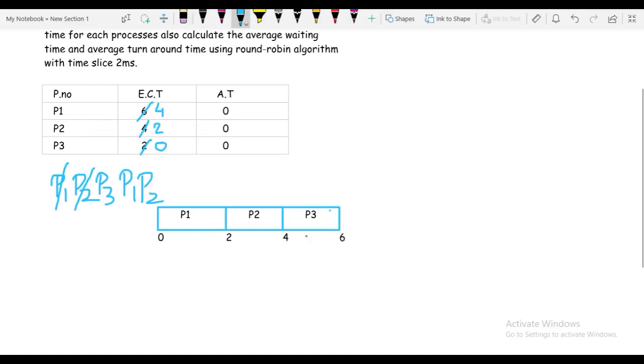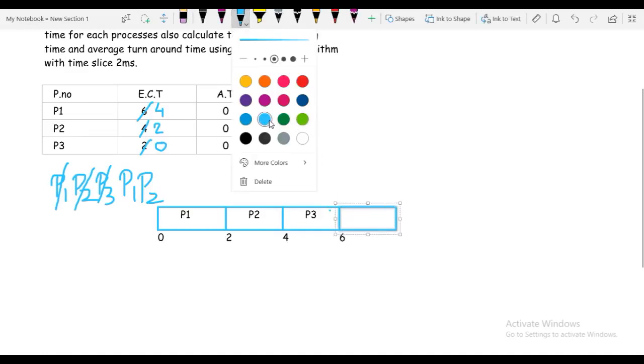So 2 units have already been executed, so P3 will be out of the queue. Now again comes P1, and P1 will run for 2 units again.